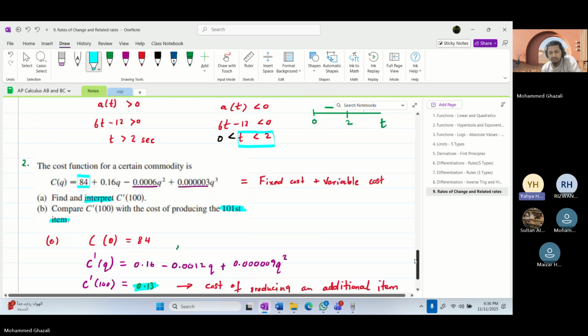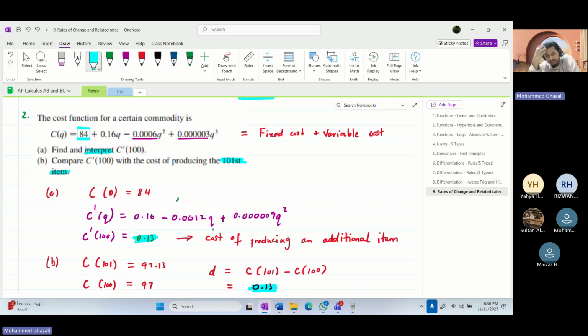And the derivative is the cost of producing the next item. Yes. Are we good? Do you understand, guys? Excellent.